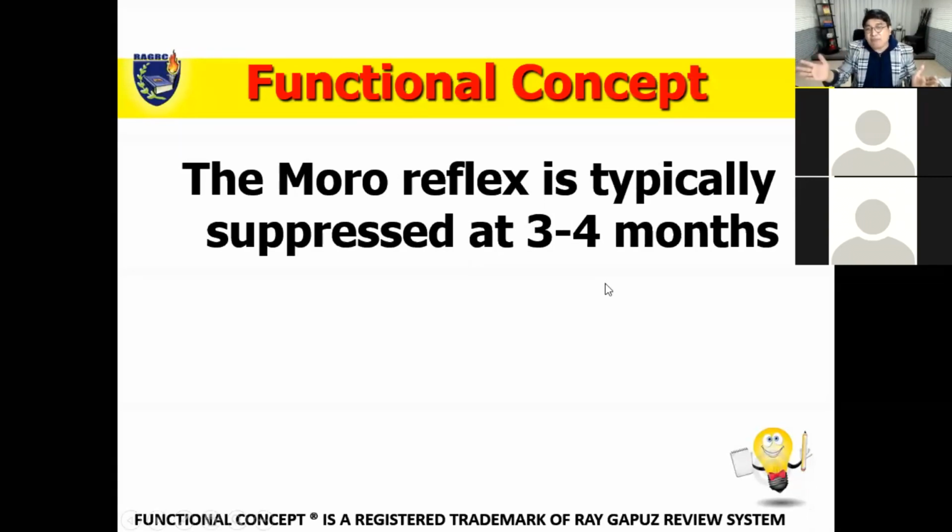So is it a red flag if the Moro reflex becomes exaggerated? Yes. If the Moro reflex is still present beyond 4 months, say for example, the child's already 5 months or 6 months, then that's a red flag. You may want to consider having the child assessed by a medical practitioner for a potential for Tay-Sachs disease. We'll talk about that in a while.